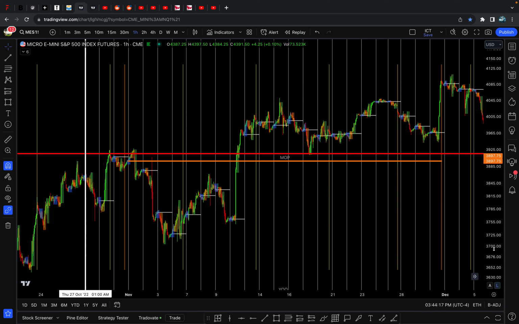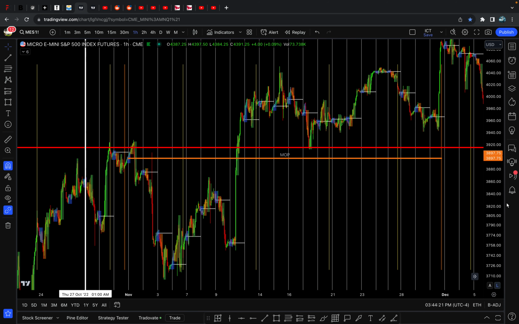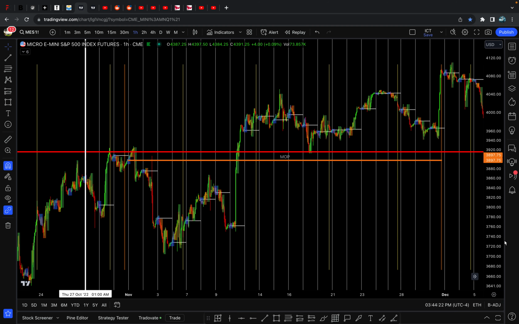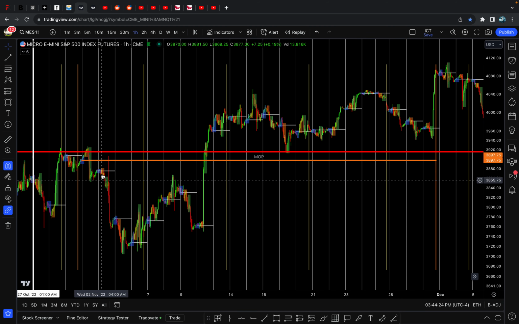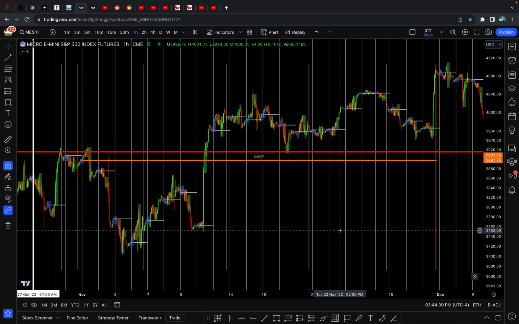Obviously this is all hindsight, but I'm just showing you the repeating pattern repeats, and it is, you know, fractal.